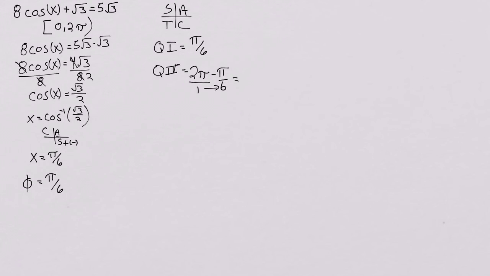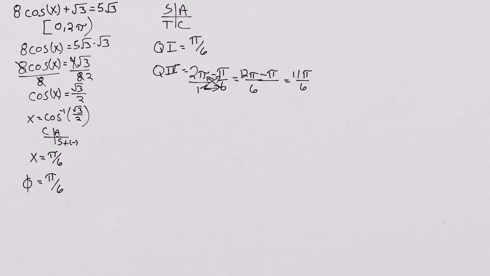Multiply the bottoms, that's 6. Multiply up, 12 pi, and pi. Bring your operator over. This gives me 12 pi minus pi, which is nothing more than 11 pi over 6. And if you look in the unit circle, 11 pi over 6 is indeed the square root of 3 over 2, what we're ultimately looking for.